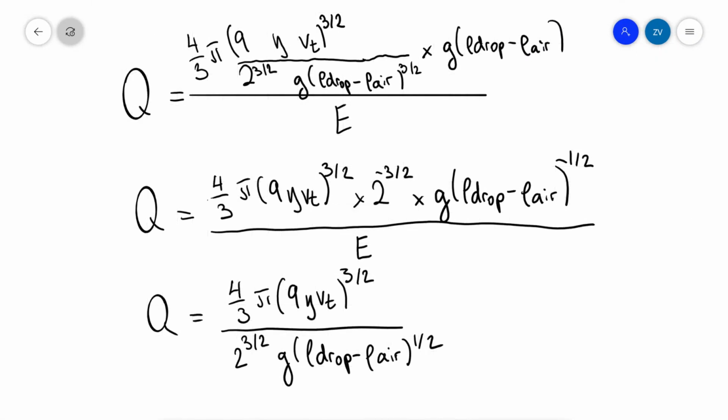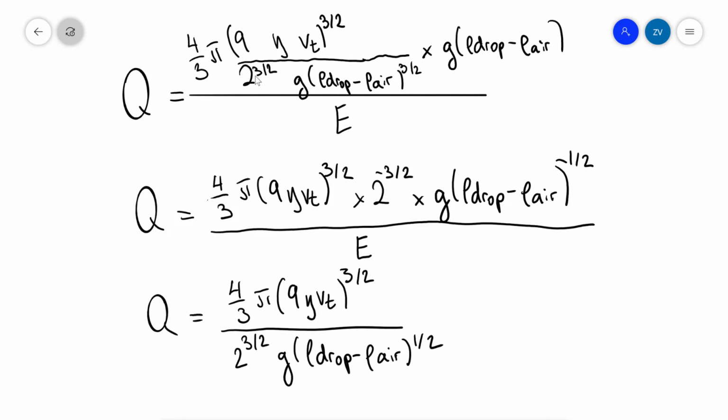all I've done here in the remaining 2 lines is essentially divided this factor of 1 by this factor of 3 halves, and what I get is a factor of g rho drop minus rho air to the power of minus 2.